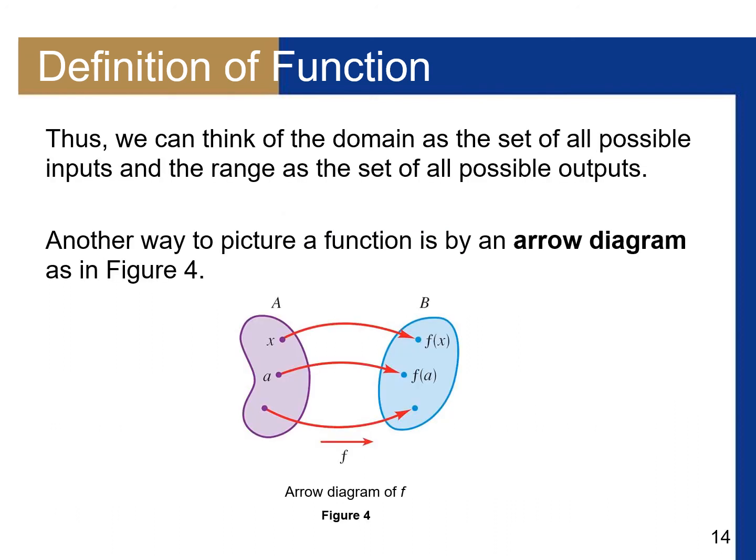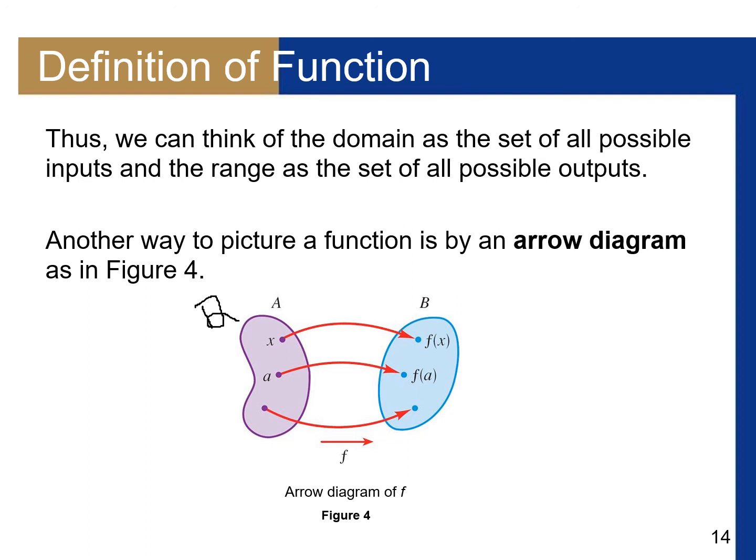And sometimes we like to look at all the possible values as an arrow diagram. We put all of our independent values here, all of our dependent values here. So again, this is my domain over here, and this is my range over here. Actually, it looks too much like a real number symbol, huh?